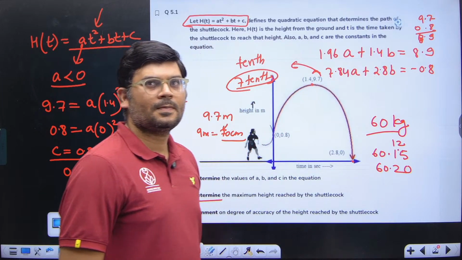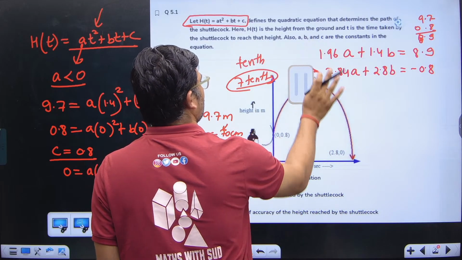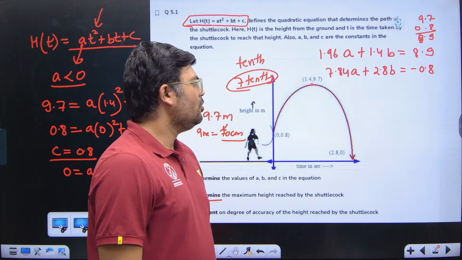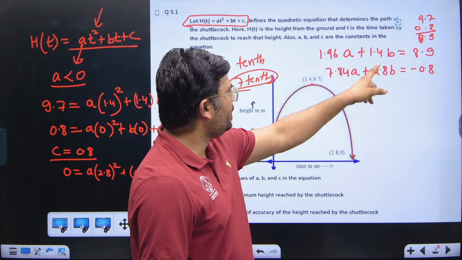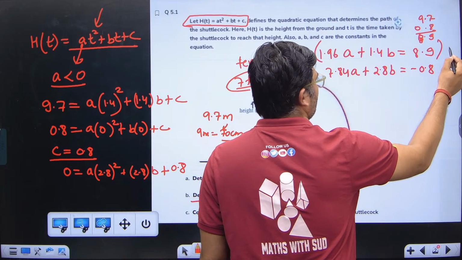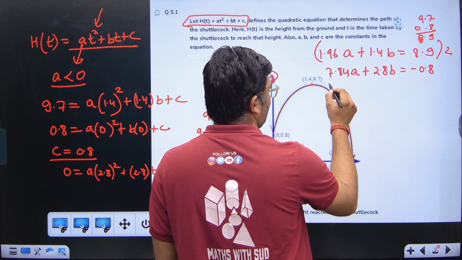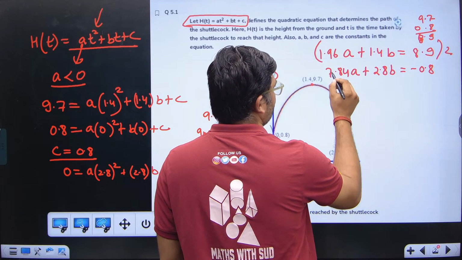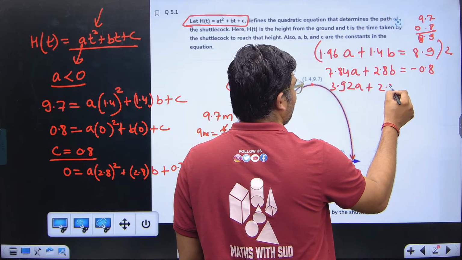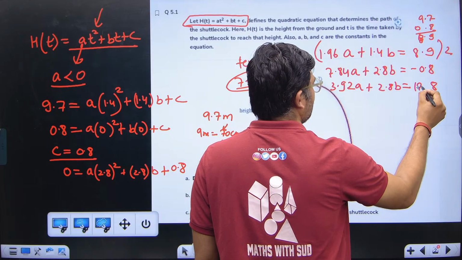So what you need to do is eliminate any one of the variables. You can see that B is 2.8 here and B is 1.4 here. So I multiply this equation by 2. So 2 into 1.96 is 3.92. So 3.92 times A plus 2.8 times B is equal to 2 into 8.9, which is 17.8.